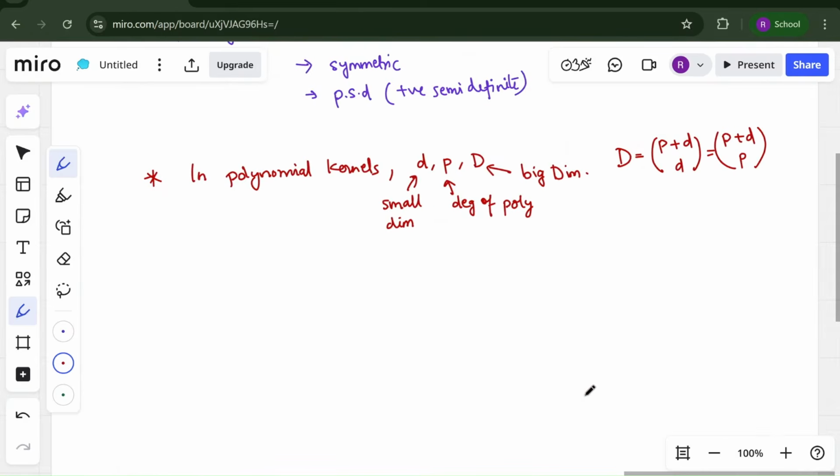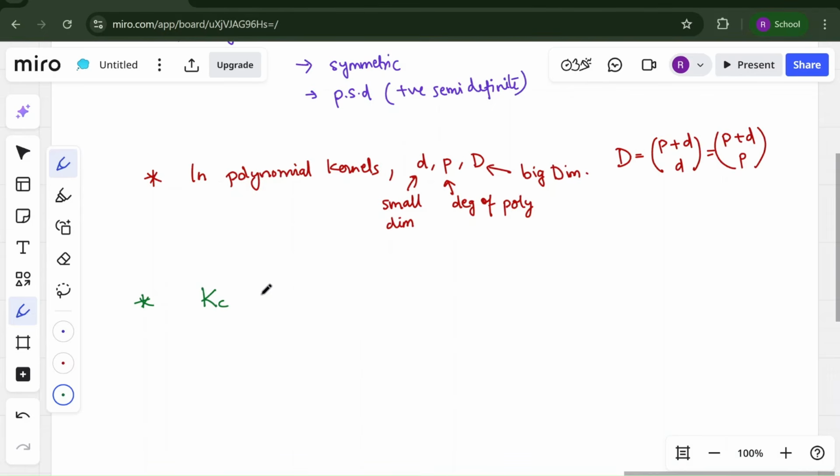Now the same thing I want to do with kernel PCA also. How do I do it? For kernel PCA, first we already know how to compute Kc, the centered kernel matrix.